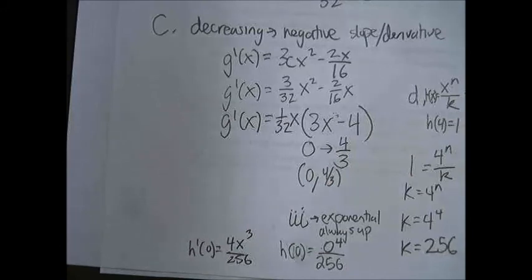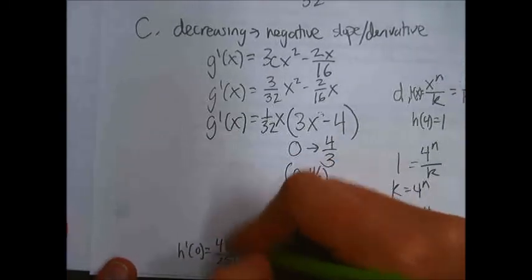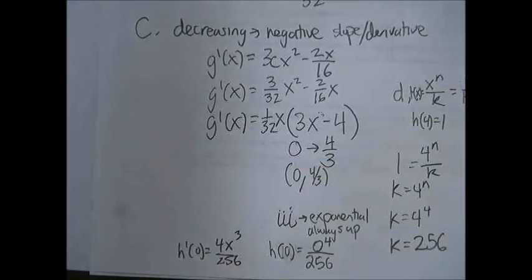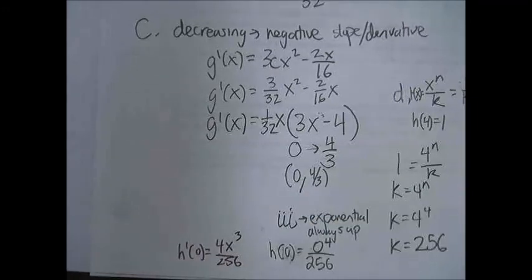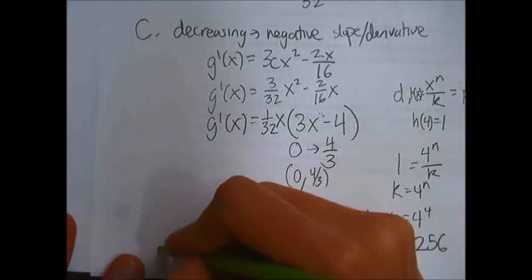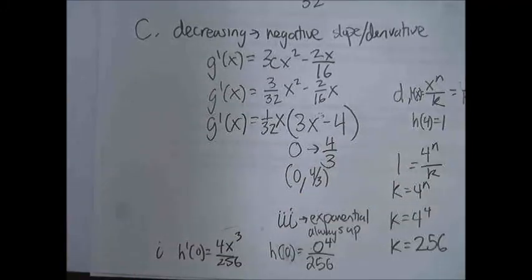So my slope, my h prime of 0, that's going to be n, which is 4, times x to the 3rd power over 256. Alright, so if I plug in 0 here, I also get 0. And so this thing I have now verified. It works for condition 1, which is that the slope is 0, and the function is 0 when x is 0, and condition 3, which says it always goes up.